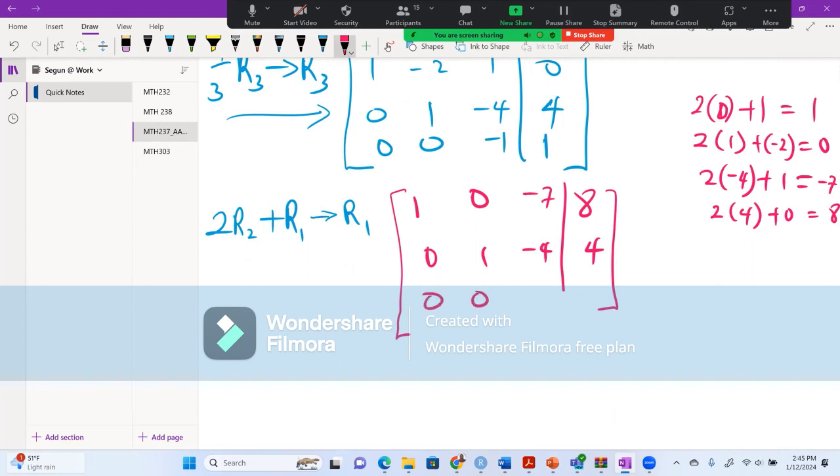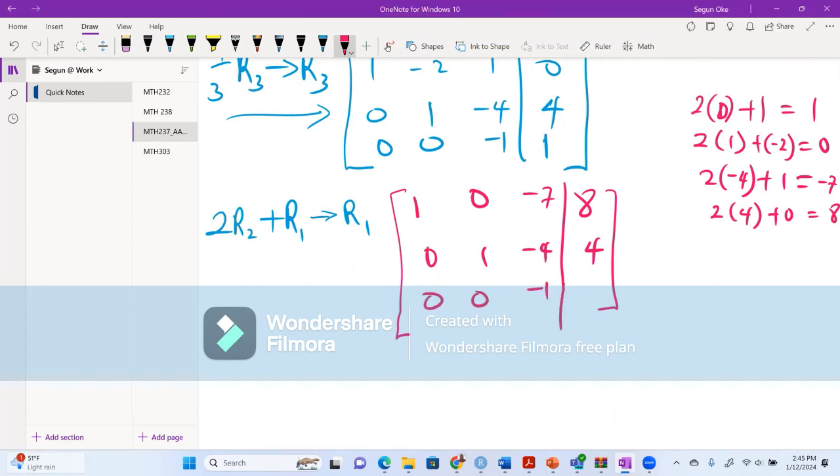Then we have 0, 0, negative 1, 1. So is that all we need to do? But don't forget, we don't need the negative here because it must be 1.